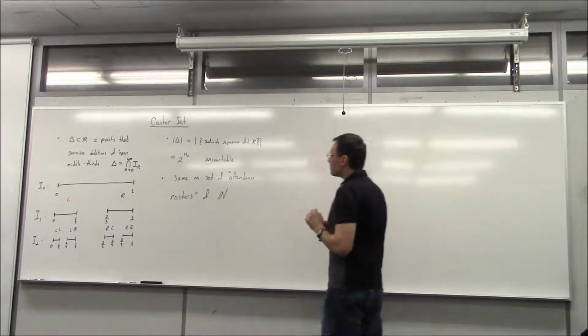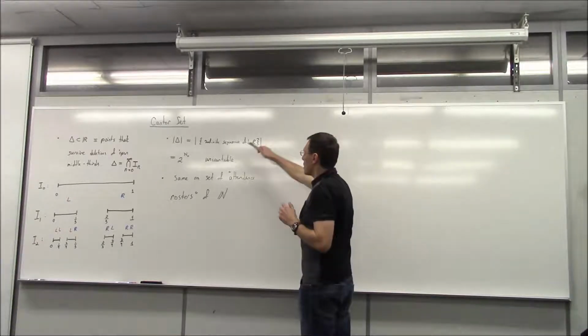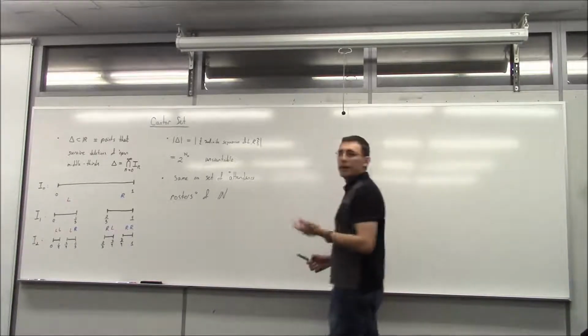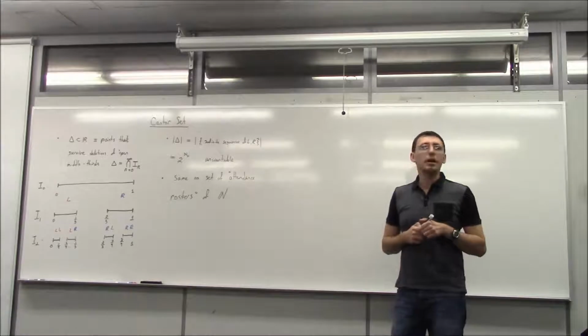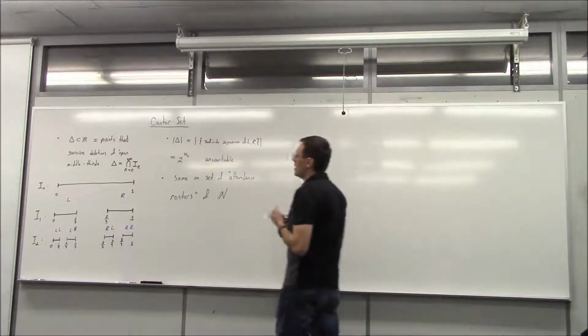So we're going to say it's uncountable in yet another way. Let's try to figure out if there is a natural representation for points in the Cantor set.